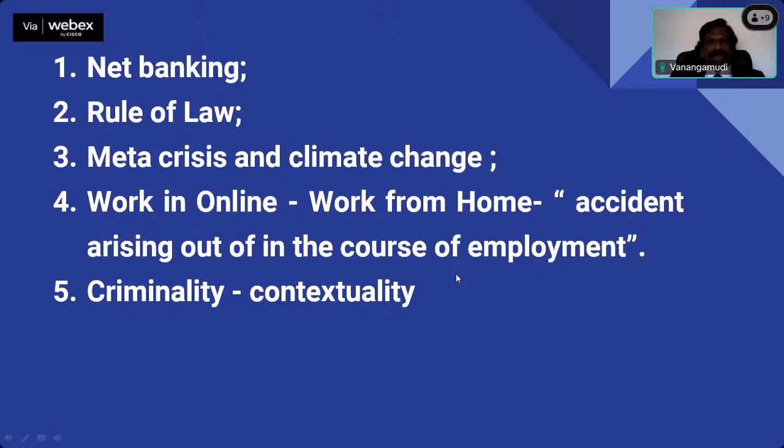So in this context, the research director is from business law. I could sense his mind voice: No, sir, you did not talk about contracts or business law. Net banking. You can take net banking, online contract. All these things are part and parcel of this one.